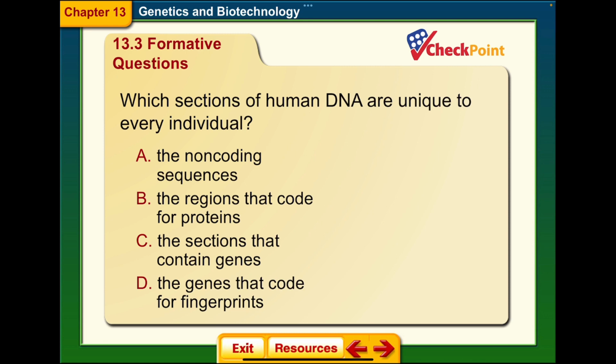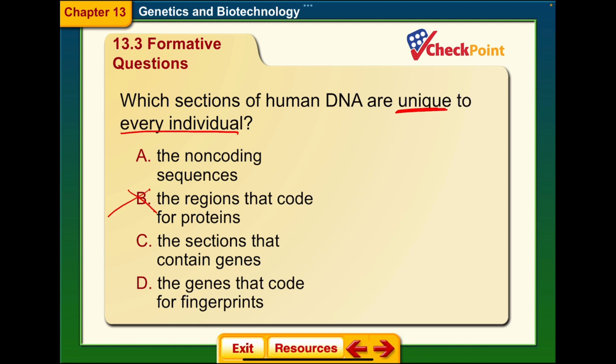Which section of human DNA is unique to every individual? The regions of DNA that code for proteins. Well, we said most of the regions of DNA that code for proteins are actually similar in most organisms, not just humans.